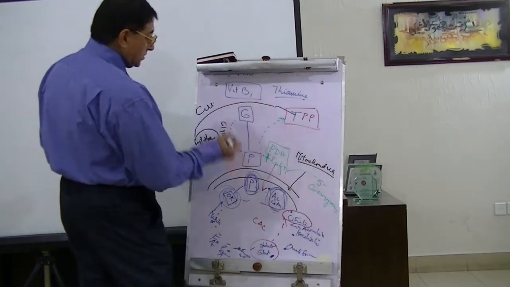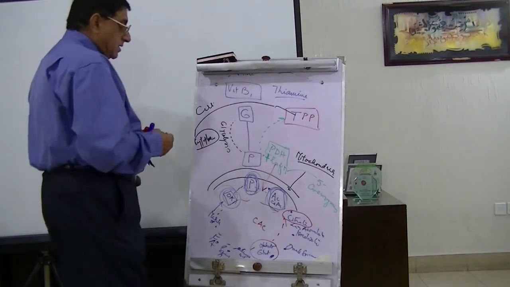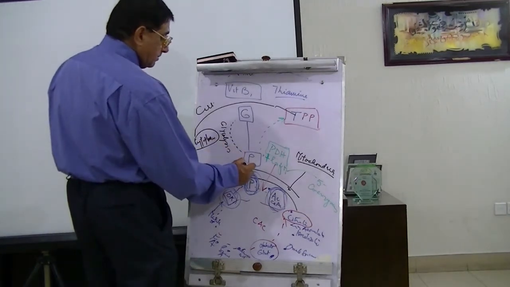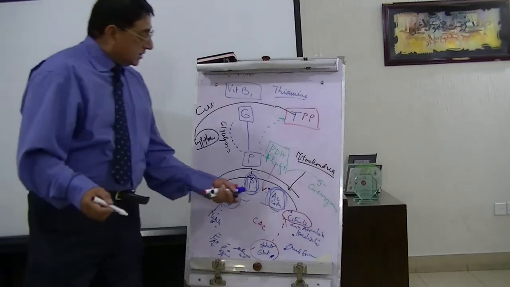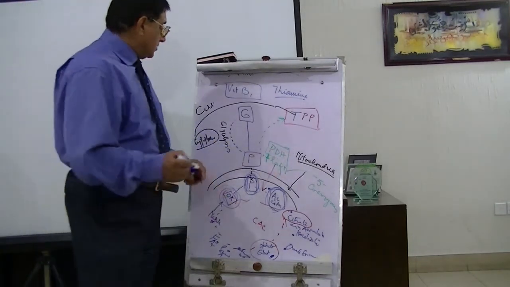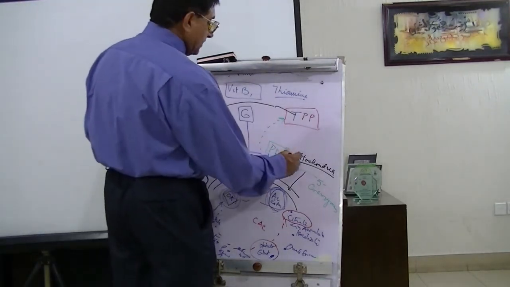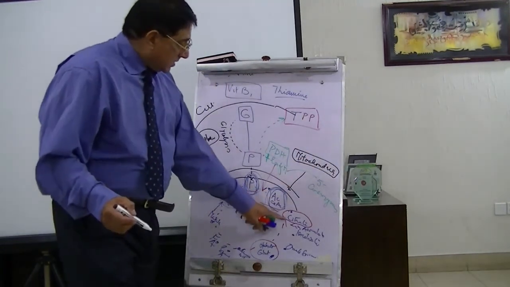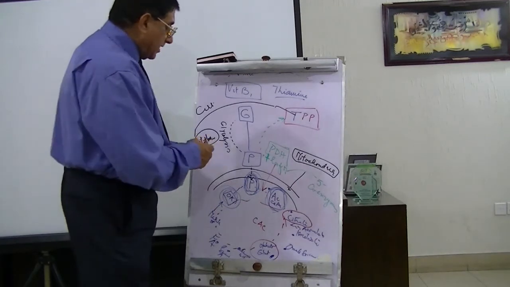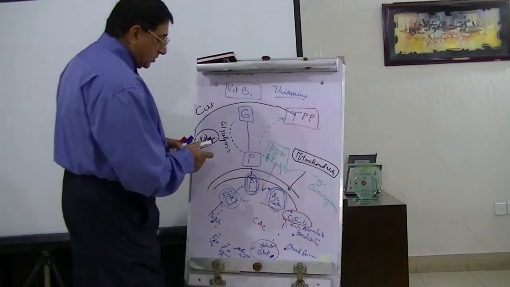So glucose is converted to pyruvate in the cytoplasm. Then pyruvate goes inside through the pyruvate transporter, and over here is the mitochondria. This is cytoplasm, this is mitochondria. And in the mitochondria, first of all, pyruvate is converted to acetyl-CoA.